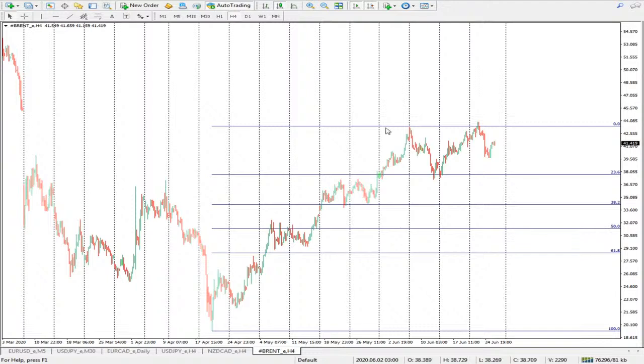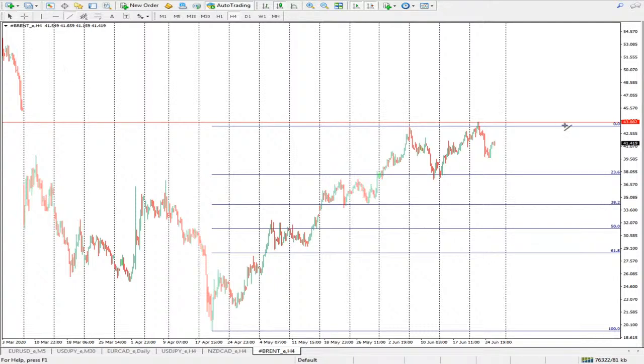So if you are looking at Brent oil, either the price needs to break above this high, the red line which we've drawn, or it should pull back up to the 23.6% fib level, where if it goes below, we expect it to go up to the 38.2% fib level, where if it continues down, then the next place is the 50.0% fib level.